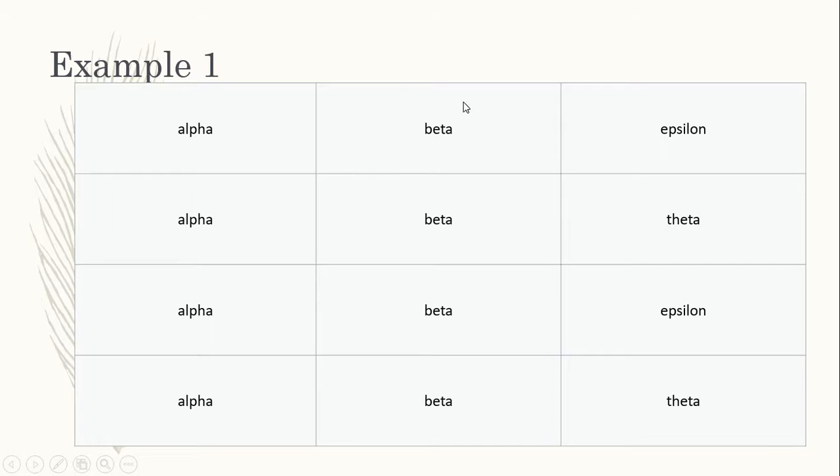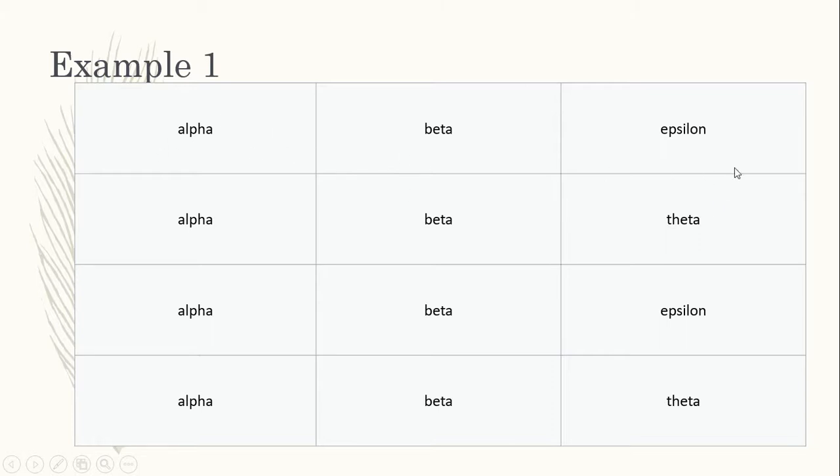Alpha, beta and epsilon are repeated 2 times, which indicates 50% of the sets with alpha, beta also have epsilon. In the next, 50% of alpha, beta also have theta.